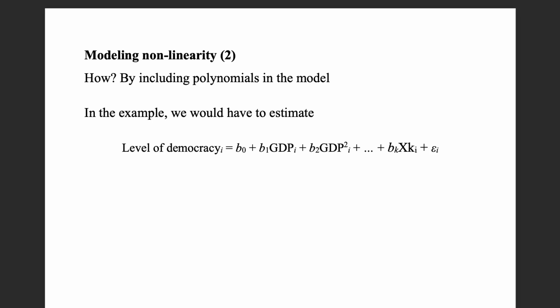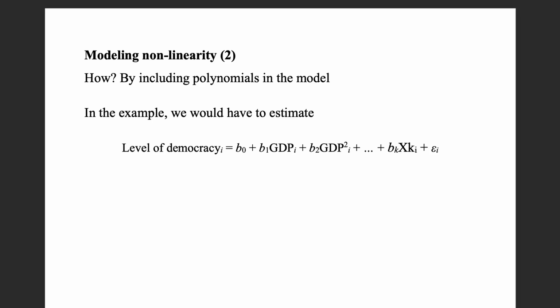Then we could estimate a regression model where we have a constant B0, we have a B1 regression coefficient for our GDP variable, but now we also have a second coefficient for our GDP variable, not the original GDP variable, but GDP squared, so GDP taken to the power of 2. And then include whatever else we want in our model in terms of control variables or other variables that we have hypotheses about.